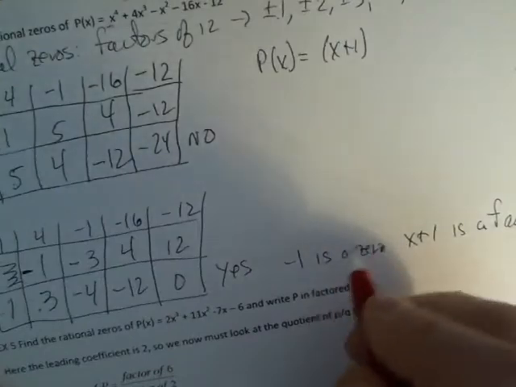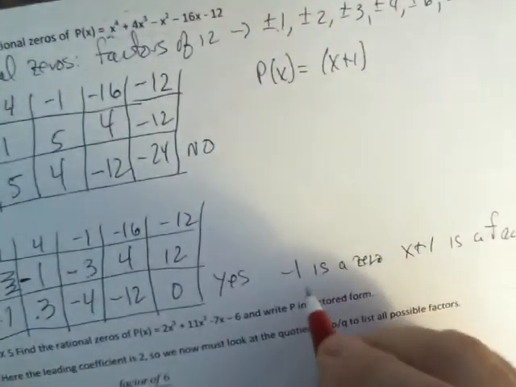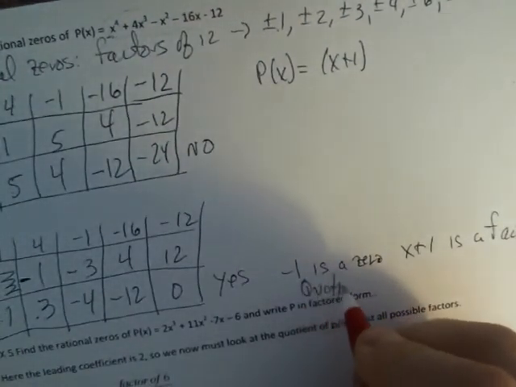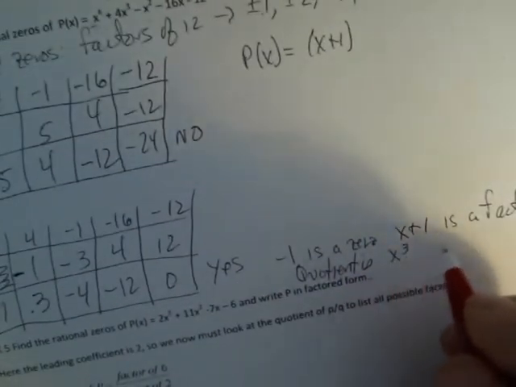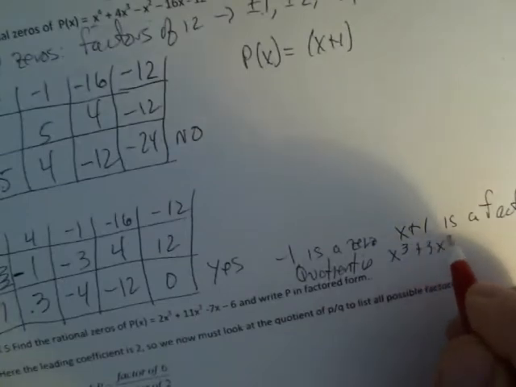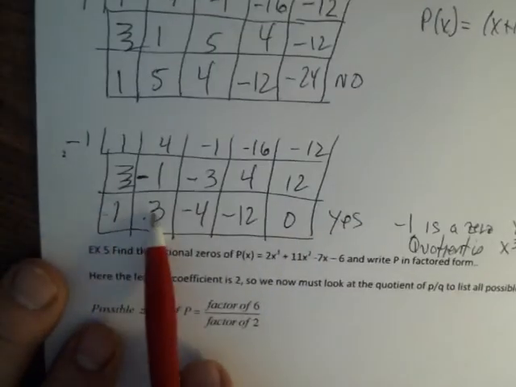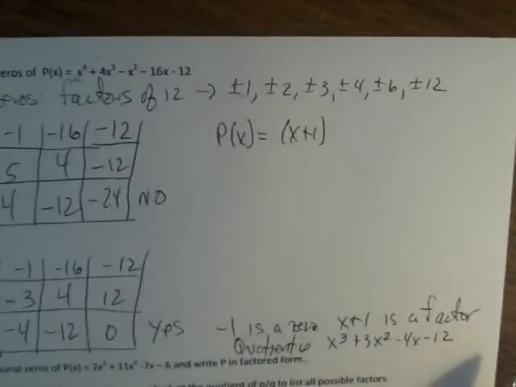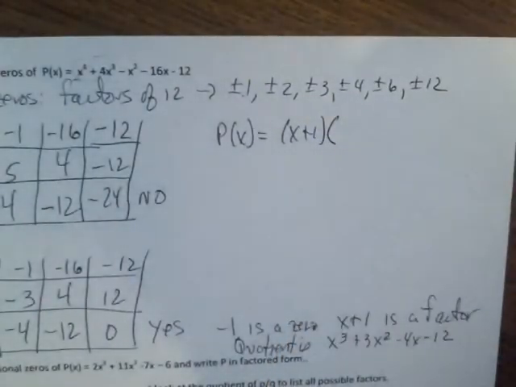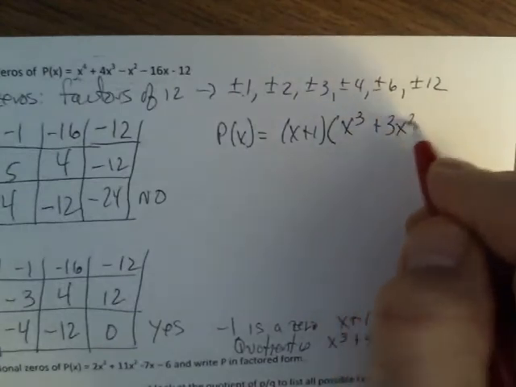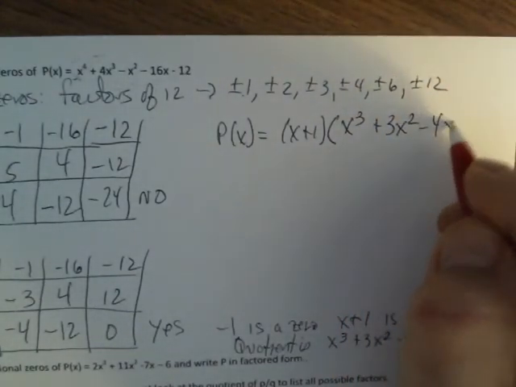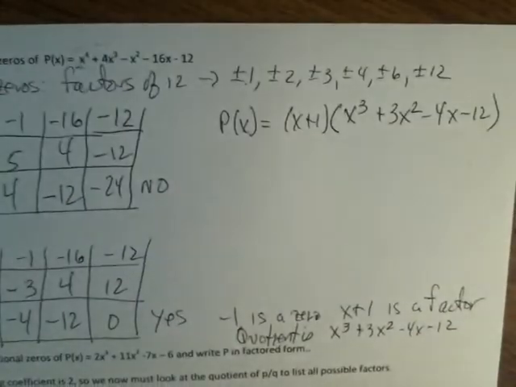So my quotient, and I'm going to write this down here, is x cubed plus 3x squared minus 4x minus 12. That's my quotient, which comes from right here. So I take this times x cubed plus 3x squared minus 4x minus 12.